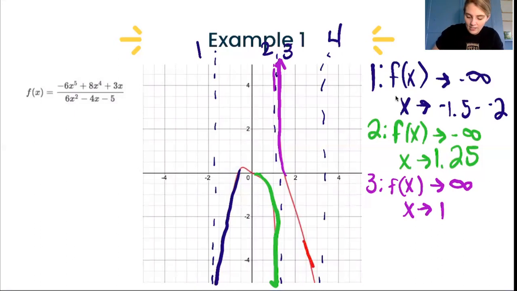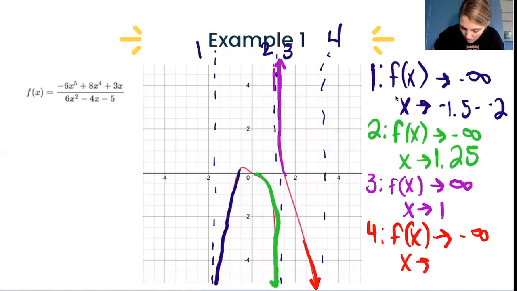Finally, I have this little guy here that's going down. This is as f of x is approaching negative infinity. It's approaching the vertical asymptote. That's right here. We'll look closely at this one because I don't think I drew this right.